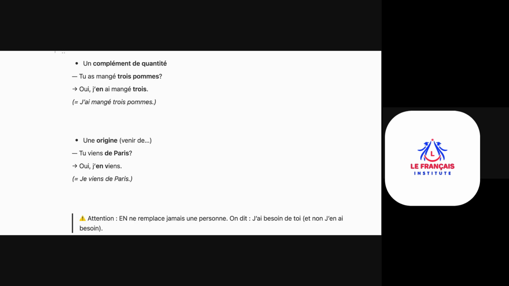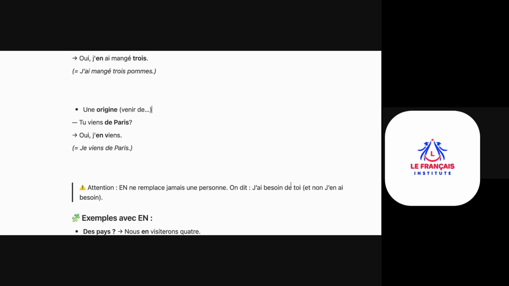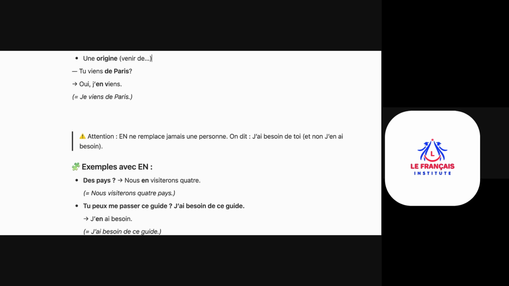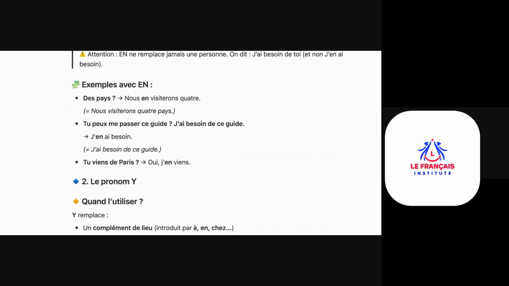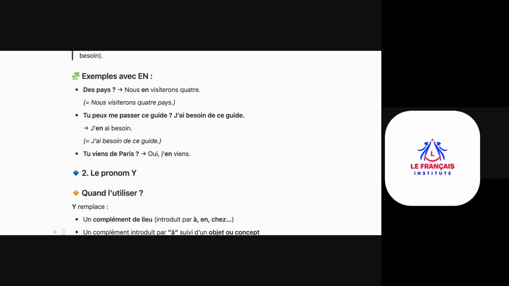Instead of oui, je viens de Paris. Some more examples. Des pays, nous en visiterons 4. Countries, we will visit 4 of them. It's just saying nous visiterons 4 pays.